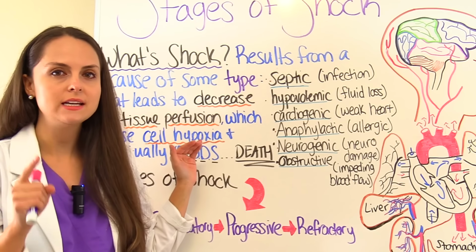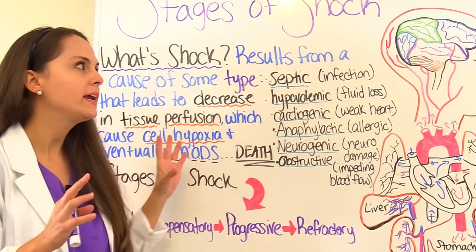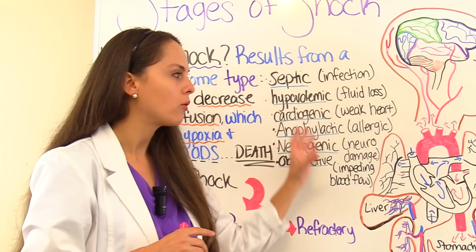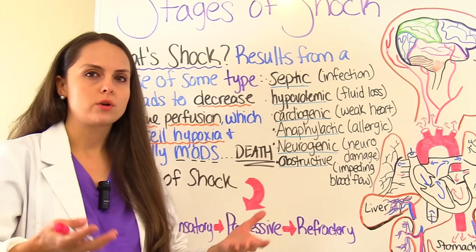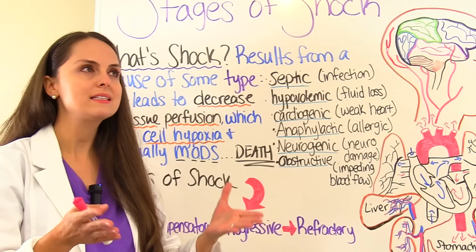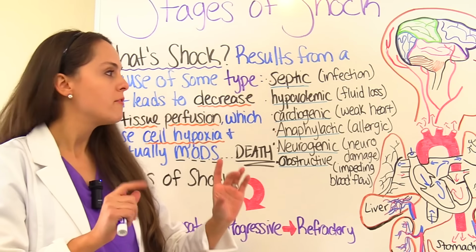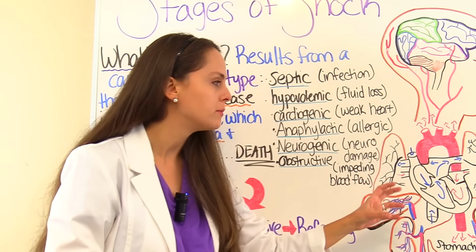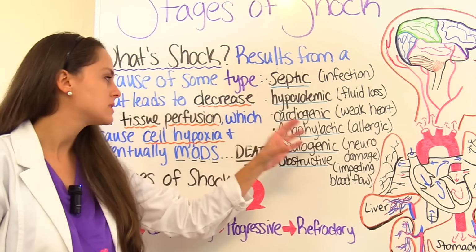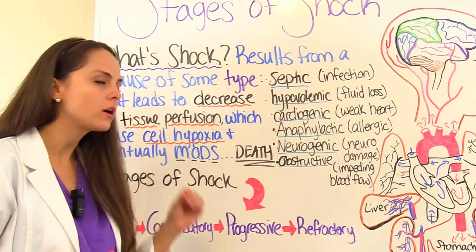Now, if we have decreased tissue perfusion, we can't perfuse the organs in our body, hence the cells that make up those organs that allow them to work are not getting enough oxygen from the heart, which would receive oxygen from the lungs and pump it throughout the body. So the cells start to suffer and experience hypoxia.